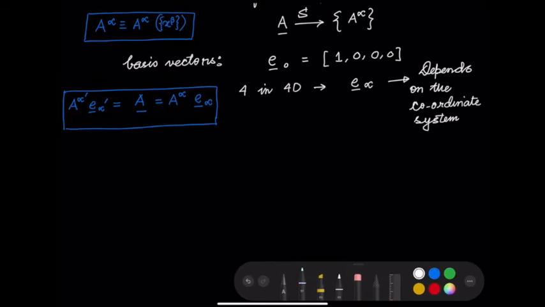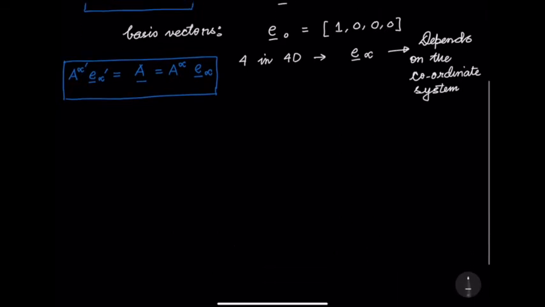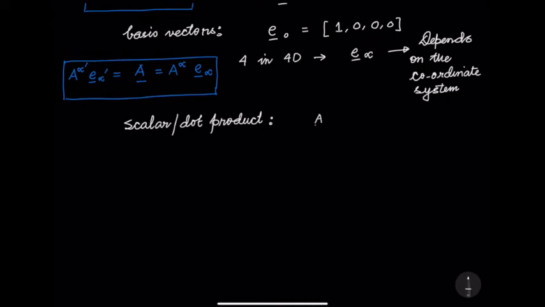Okay. We also looked at the scalar product, or sometimes it's also called dot product. Scalar because it gives us a scalar once we do the product. This is a product between two vectors a and b.